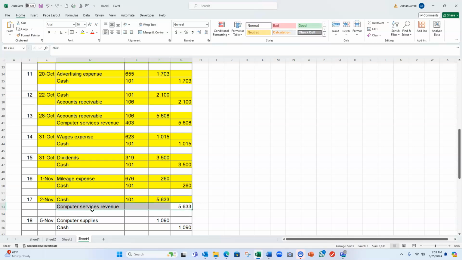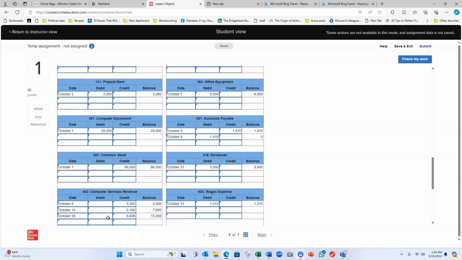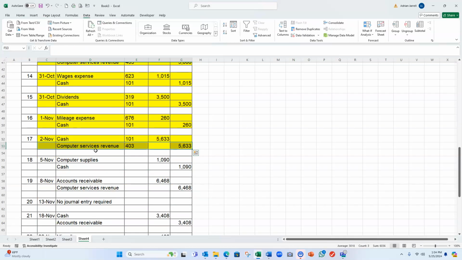Going to credit computer services revenue on the second. $5,633. Account number 403.